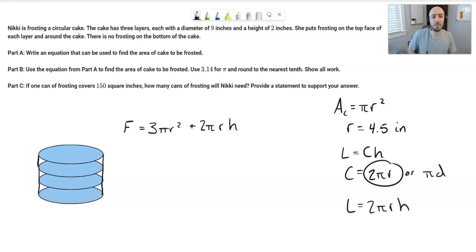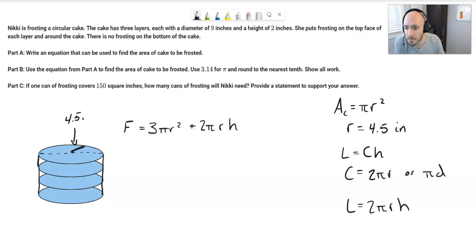And so now we just have to substitute in what we know to be true about this cake, and do our calculations. We know that our diameter here is 9 inches, which makes our radius 4.5 inches.